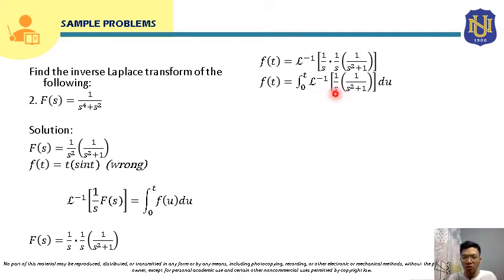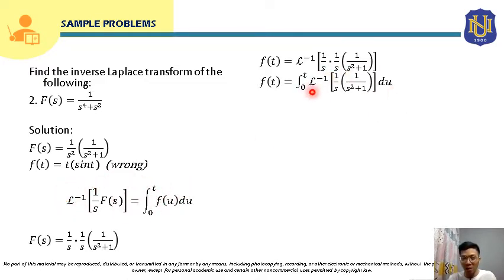So if we rewrite it, we have the integral of the inverse Laplace transform of 1 over s times 1 over s squared plus 1 du from 0 to t. If you are going to solve for the inverse Laplace transform of this, there's also a factored 1 over s here. So meaning to say, we will apply this again the second time around.